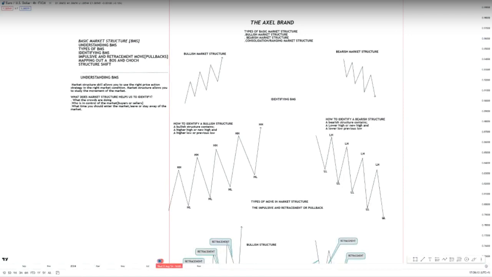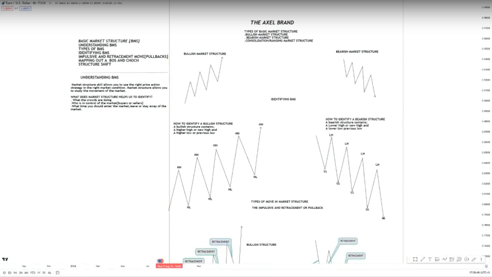What we have today is the basic market structure. I'm still going to send the content on what I'm going to deal with. But basically, I was not meant to start with basic market structure. I was meant to start with basic trading strategy like candlestick patterns, chart patterns, and trend line strategy, trend line breakouts.